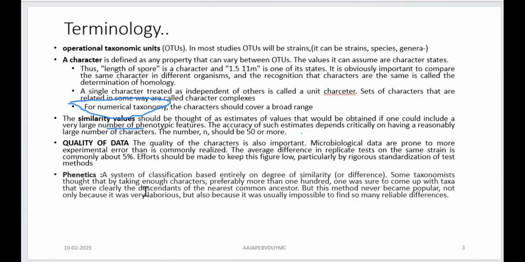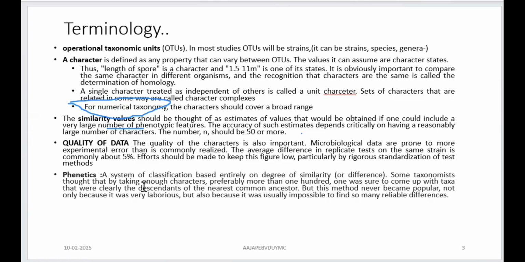That is what we are referring to, right? So here you have to assess at least 100 characters, and then you will be able to find out how these organisms are related and who is the ancestor for a particular strain, because we know evolution continues and it can be convergent or divergent.